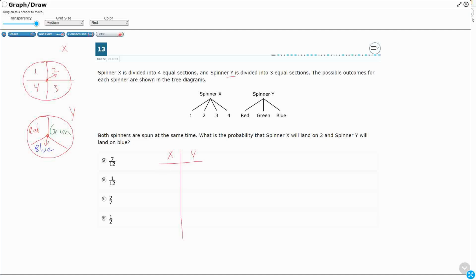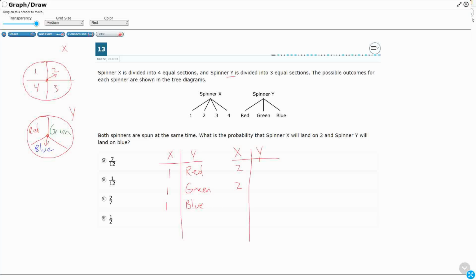What happens if my X lands on 1? Well, I could have a 1 and a red on Y, a 1 and a green on Y, and then a 1 and a blue on Y. And what we could do is we can simply repeat this. What happens if I land on a 2?